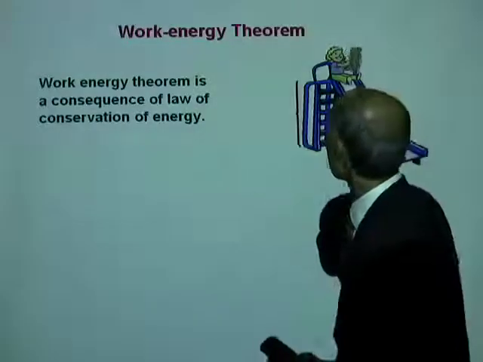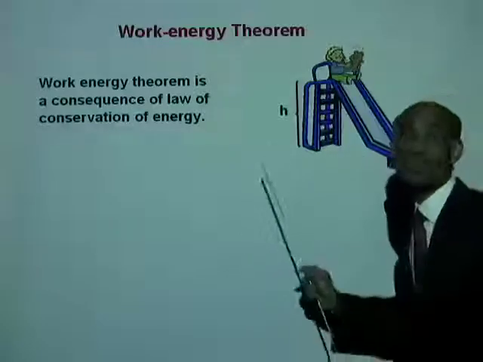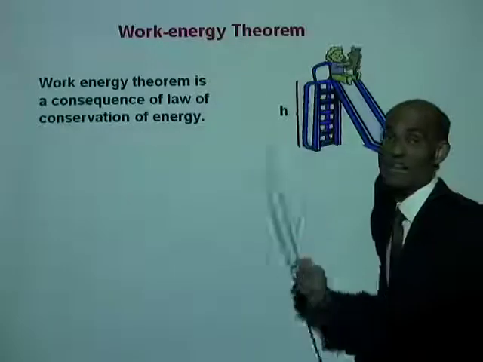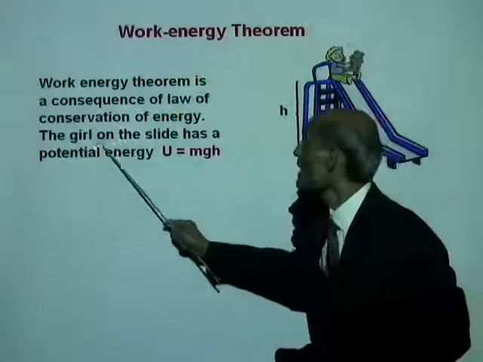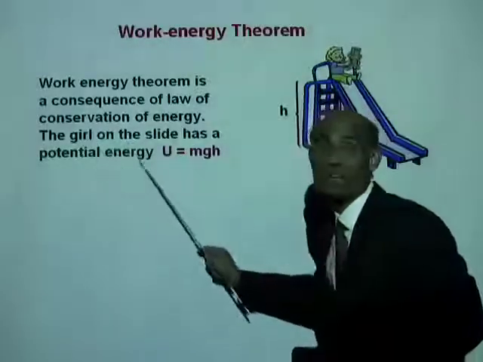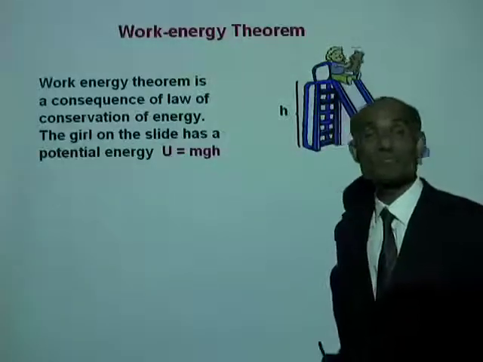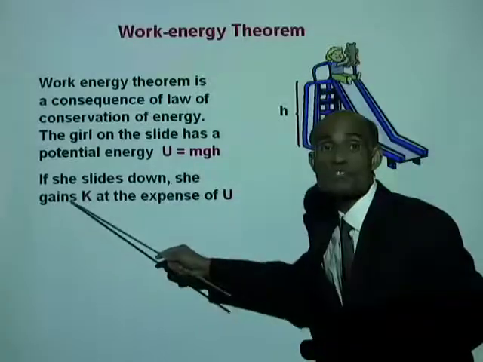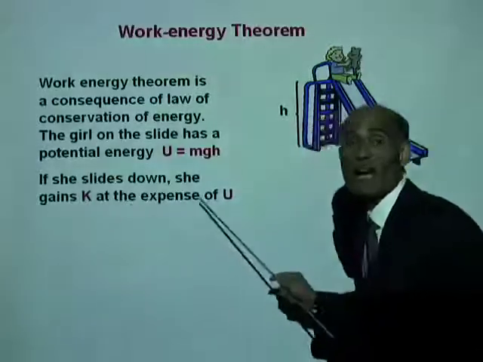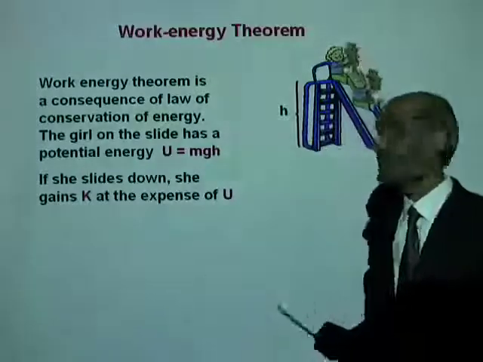Alright, now here I have a slide. A child is sitting on top of that slide, and the slide is at a height h from the ground. The girl on the slide has a potential energy U equal to mgh. If she now slides down, she gains kinetic energy at the expense of potential energy.